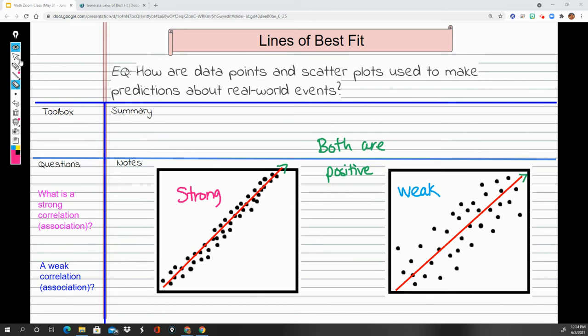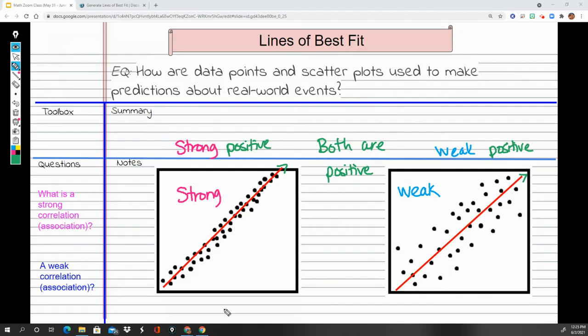This is a strong positive correlation. This one is also positive, but it's weak.